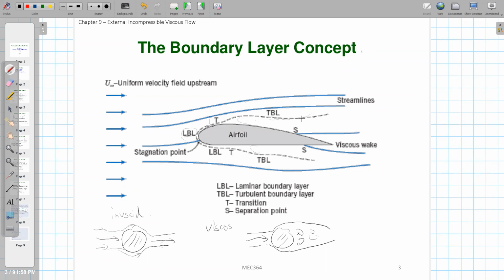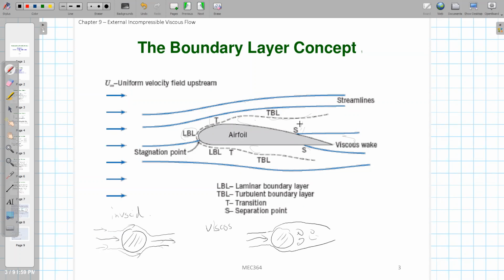Because this is viscous flow, more complicated things will happen at the end. You will have a viscous wake here, and at some point you will have flow separation. The flow separation is generated due to the adverse pressure gradient on the wall, which if you're interested, you will learn in the aerodynamics class.